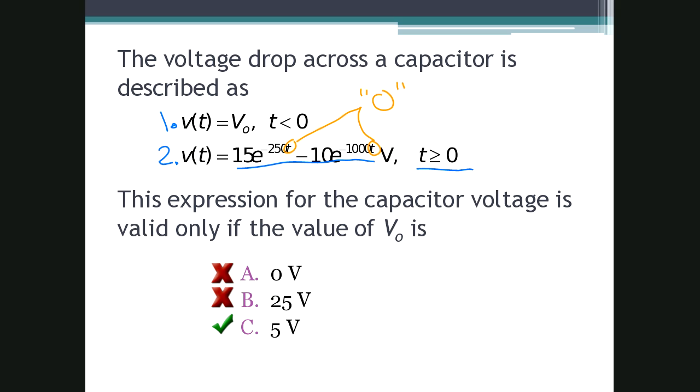This actually goes to 1. I'm going to cancel that out. This one also goes to 1. And we're left with the equation 15 minus 10, giving us V of t is equal to 5 volts. And so this is where we actually get this statement to prove that these two functions are valid.